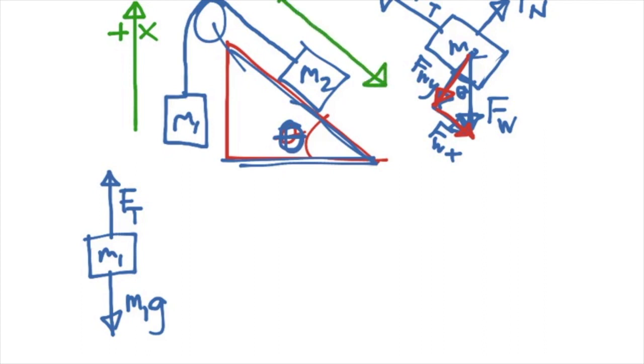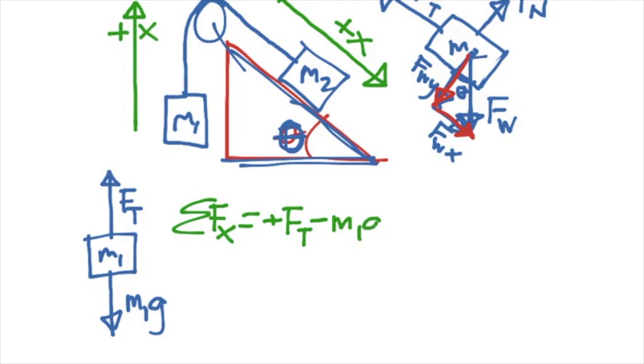So I'm going to bend this axis around the pulley, and I'm going to say that this is plus x as well. That allows me to say, for mass 1 over here, that the sum of the forces in x are plus Ft, because that's pointing in the direction of x, minus the weight of mass 1, M1G, because that's pointing in the direction of negative x, and that, of course, equals M1A.